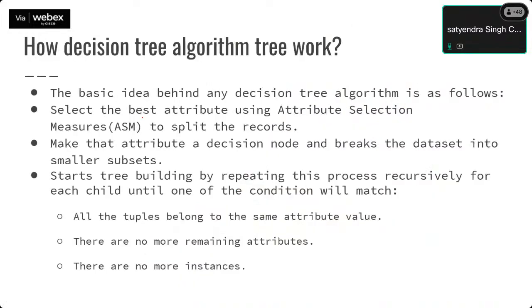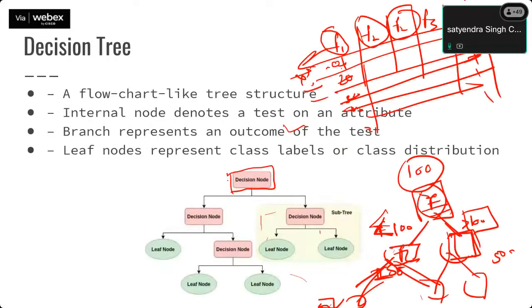So how does a decision tree work? There are two things. One is what the test criteria should be. If you have n number of features, f1, f2, f3, f4, which feature will you choose first as the test attribute?